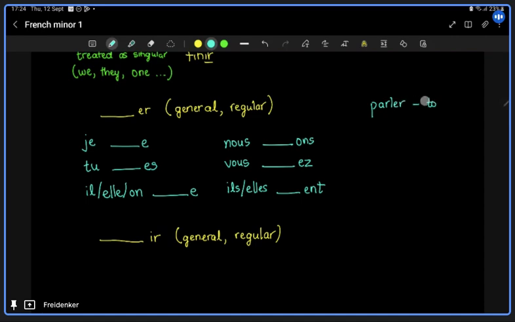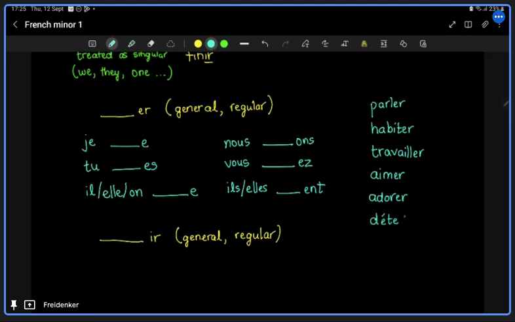Look up the meanings yourself. Habiter is to live. Travailler means to work. Aimer is to like. Adorer is to love. We've looked at all these words in the previous semester.